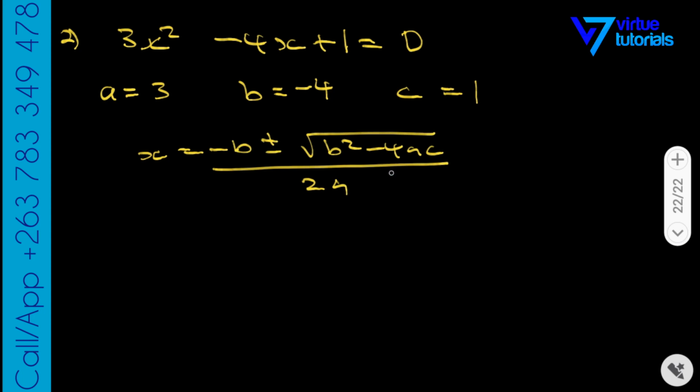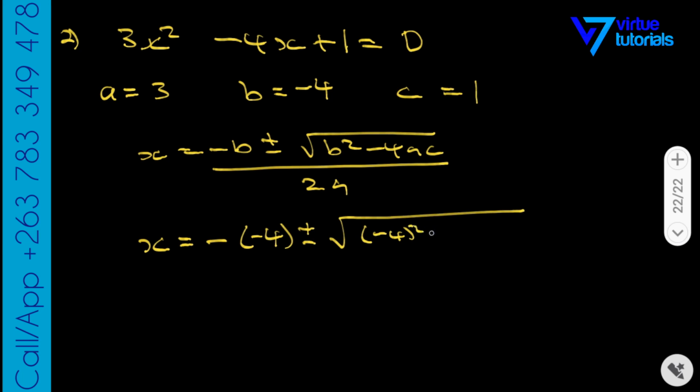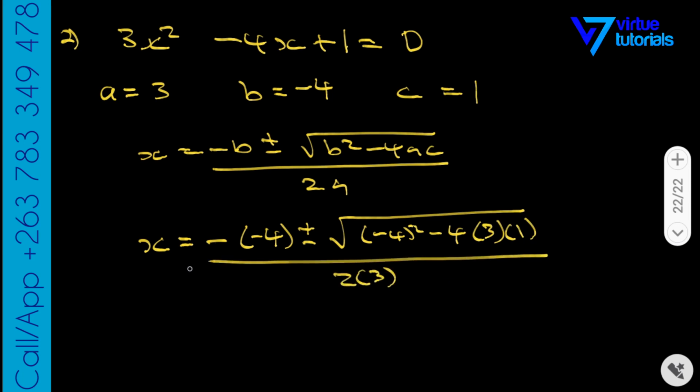You need to memorize this formula and know it. So x will be equal to minus, b is minus 4, so minus a minus 4, plus or minus square root of b squared, which is minus 4 squared, minus 4 times a, 3, times c, 1, all over 2 times a, which is 2 times 3.